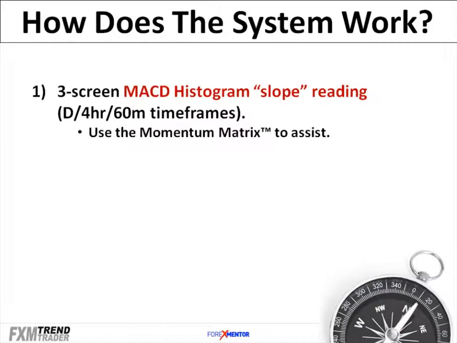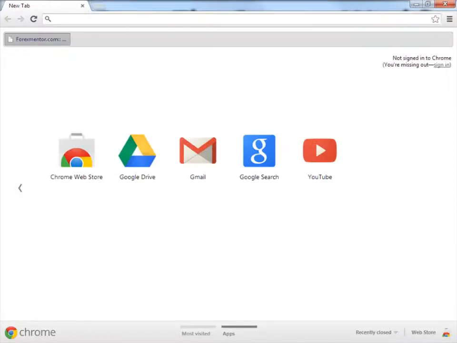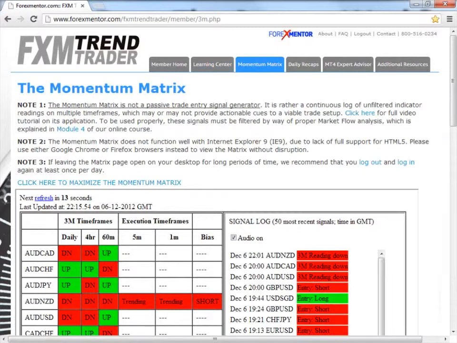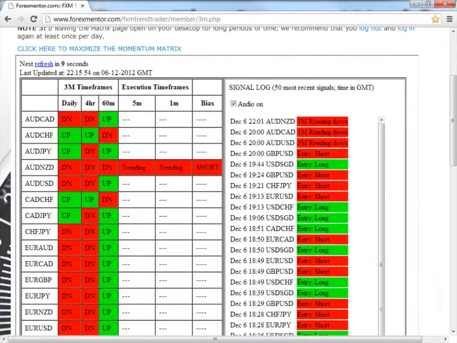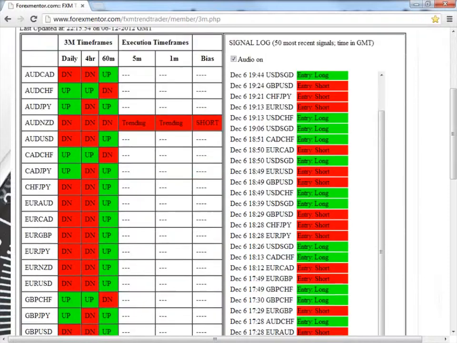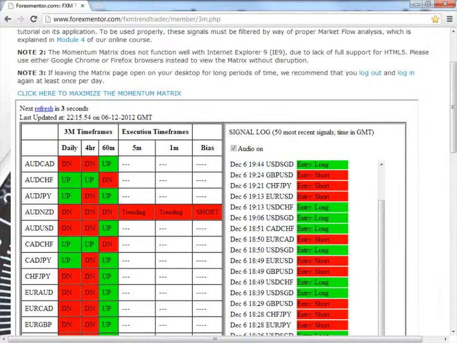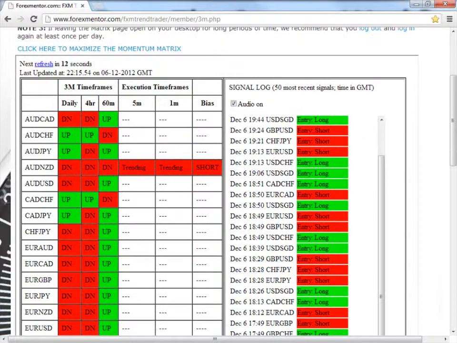We have a tool in the FXM Trend Trader service called the Momentum Matrix. I'm just going to log on to it really quick, and it looks sort of like this. Apologies, I can't fit it all onto one screen, but basically we have a panel here with a listing of 25 different currency pairs comprising probably all of the ones that individual traders who are familiar with Forex Mentor would spend any time on.